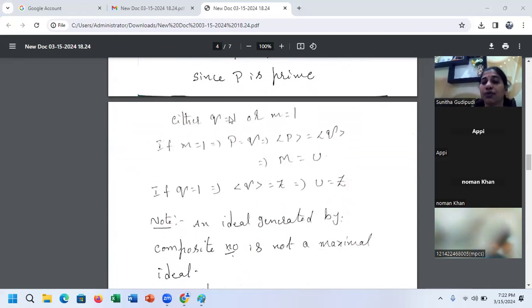Now what happens if Q is equal to 1? Then the ideal generated by Q is the ideal generated by 1. But what is that? That is nothing but the ring of integers Z itself.